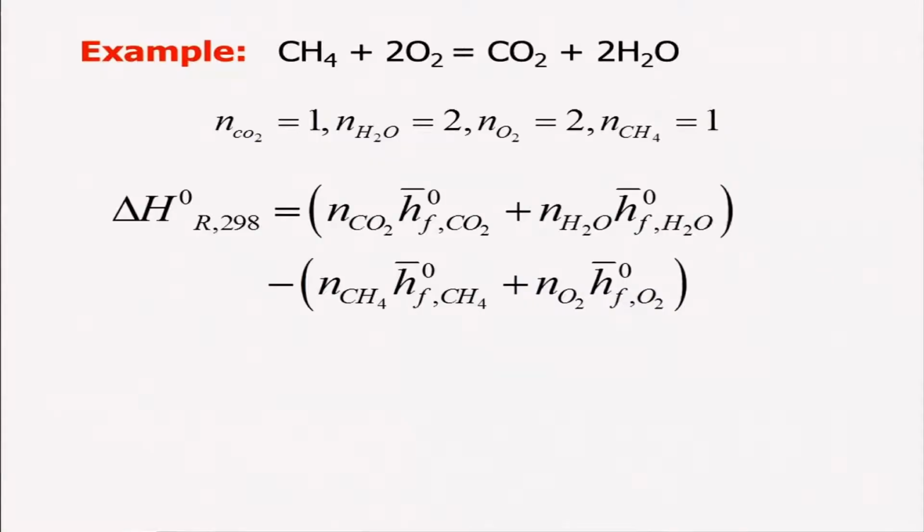So, delta H naught R, which is the heat of reaction, is equal to N_CO2 times H_f CO2, which is the heat of formation of CO2, and the number of moles of course we know, and then the heat of formation of water, and of course those for methane and oxygen.